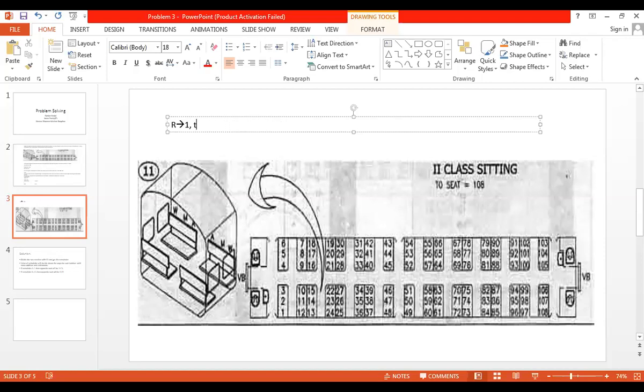Or I can write like this: if I get the remainder 0, then the seat number will be equal to seat number minus 11.